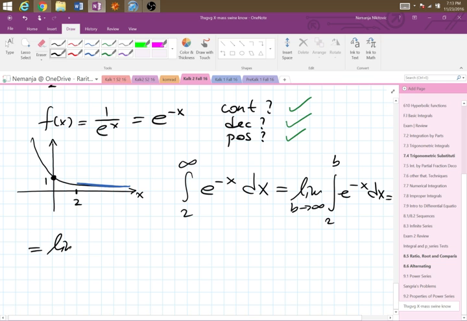Don't forget to write this limit in every step, right? We agreed minus 5 per step you miss. Right. So the integral of e to the minus x is negative e to the negative x, computed from 2 to b.